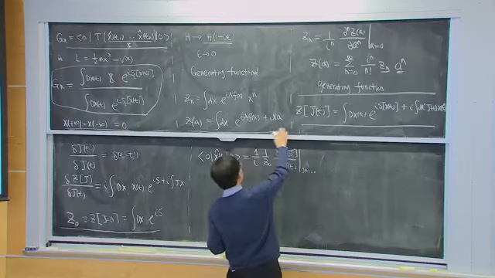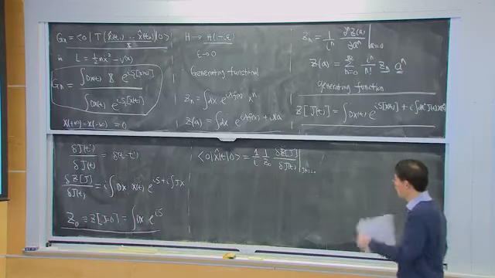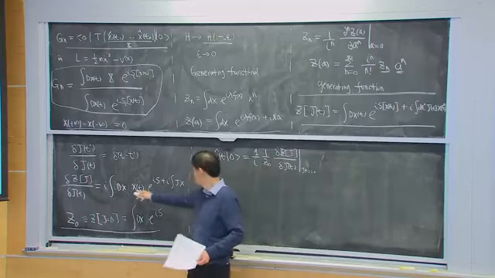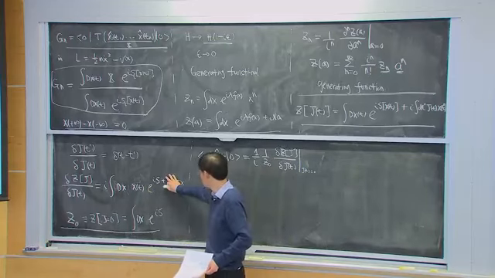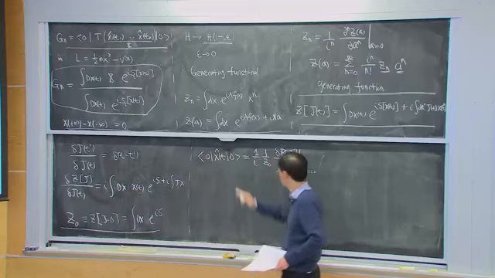Similarly here, if you take the derivative, you bring down a factor of x(t), and then you set J equal to 0, and you just have that integral with x(t) there. And then you get this one-point function.